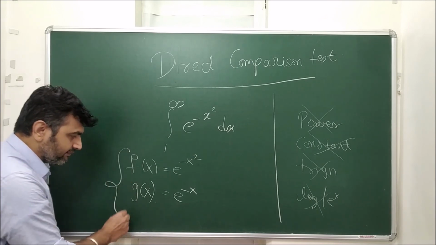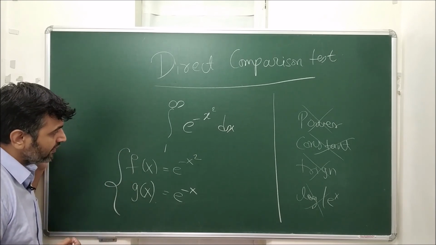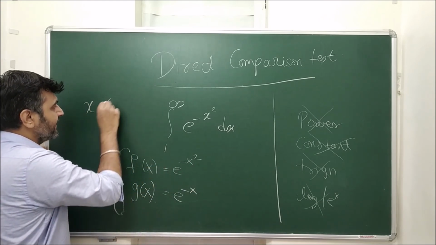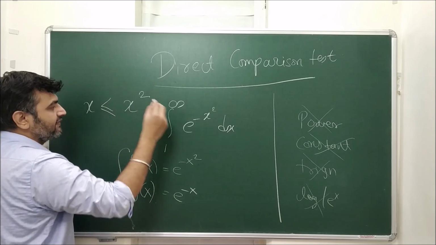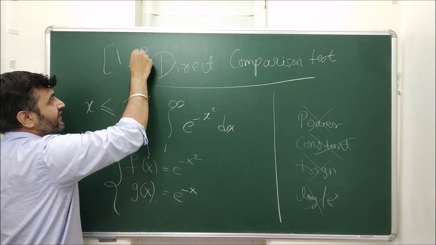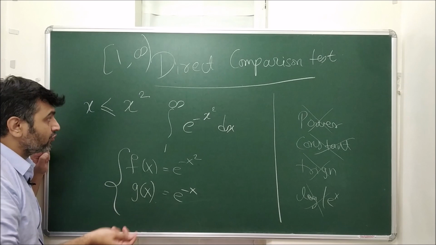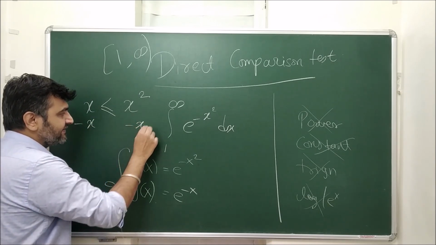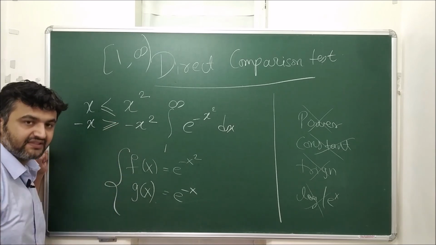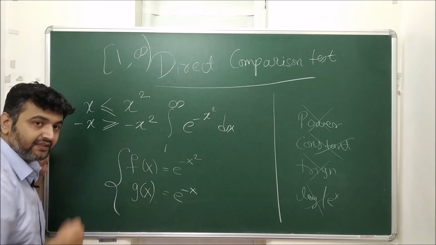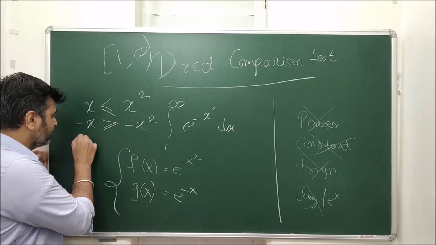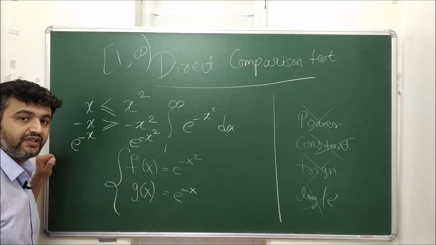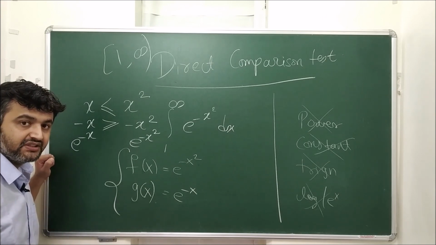Now you try to compare them. If you observe, you start with the polynomials x and x square. I know that x is always less than or equal to x square on the domain 1 to infinity, because I'm taking the square. Now if I multiply by a minus sign, minus x and minus x square, the inequality will reverse. Now if I take exponential on both sides, e raised to minus x and e raised to minus x square, what will happen to the inequality?